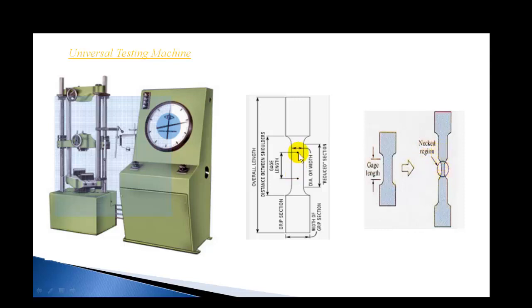Somewhere in the gauge length portion there will be a neck formation, and the area of cross section considerably decreases. Finally the specimen breaks. So the tensile test is conducted till the specimen breaks into two pieces.